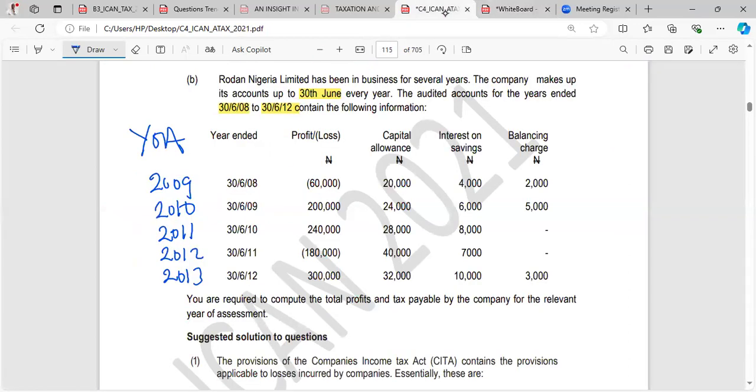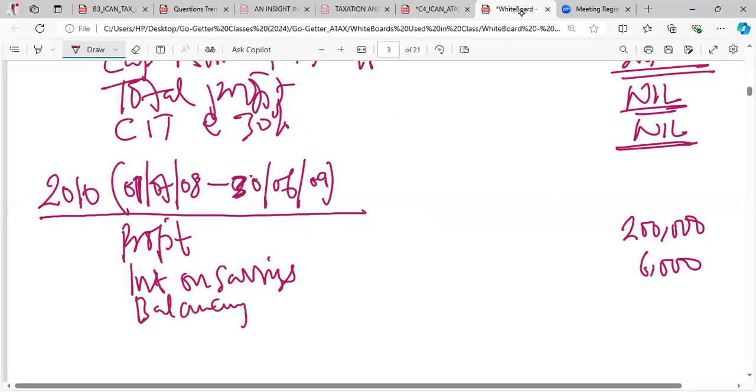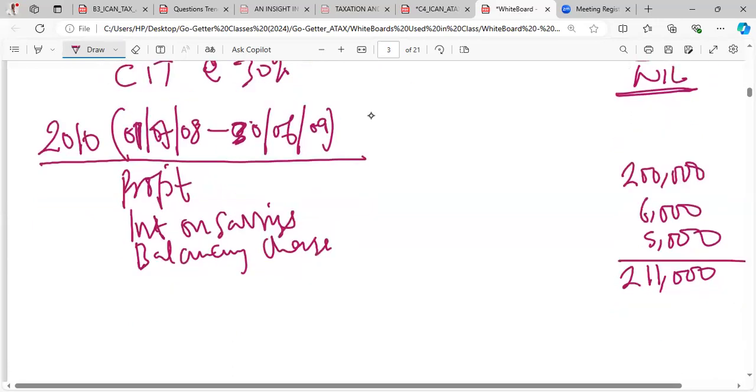We also have interest on savings, 6,000, balancing charge, 5,000. When you add all of these, 6 plus 5 is 11, 211,000. Okay, so I can call this one here assessable profit.